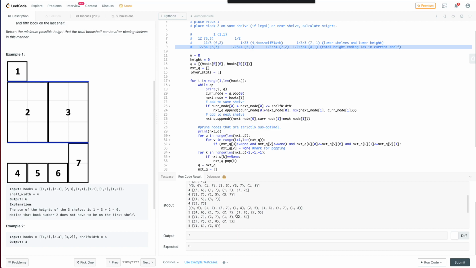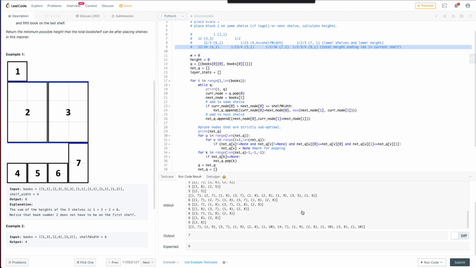And then, okay, 2, 5 is here. 2, 5. And 3, 5 is here.